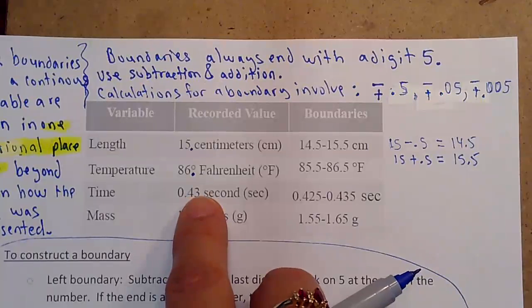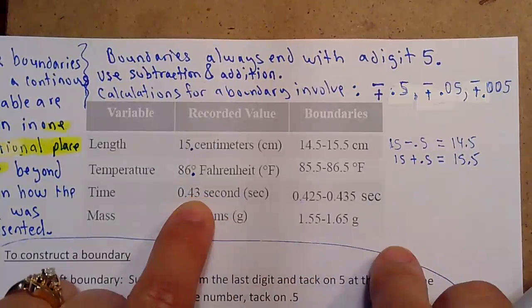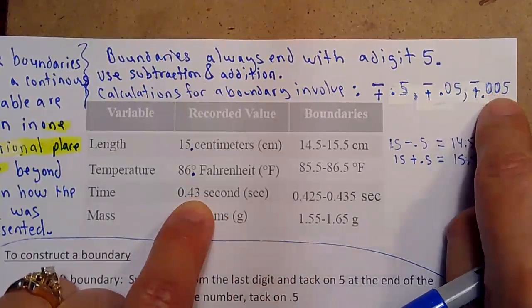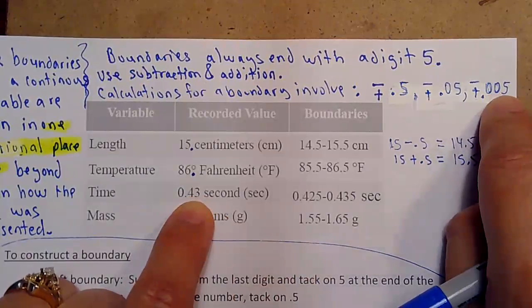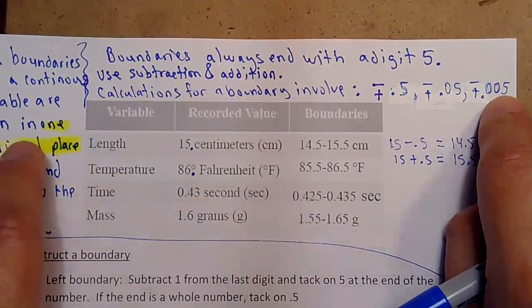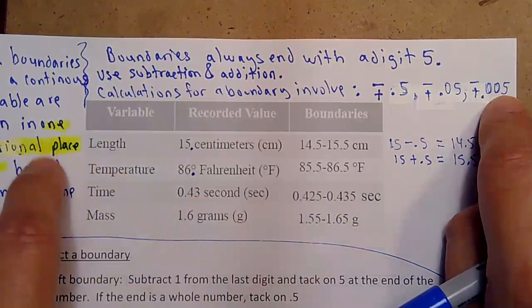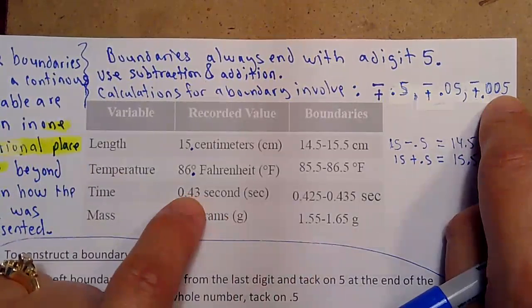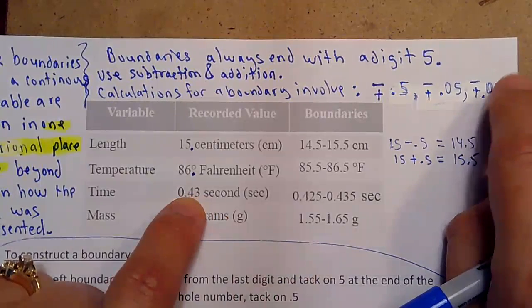So one decimal place beyond the hundredths is the thousandths. This one has two decimal places, so you want to make use of the three decimal places. Because remember, this says one additional place value beyond what's originally given. So that would be three.